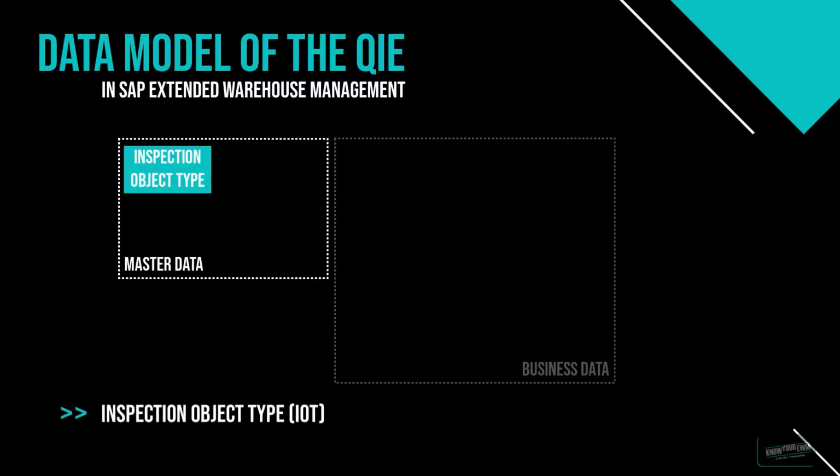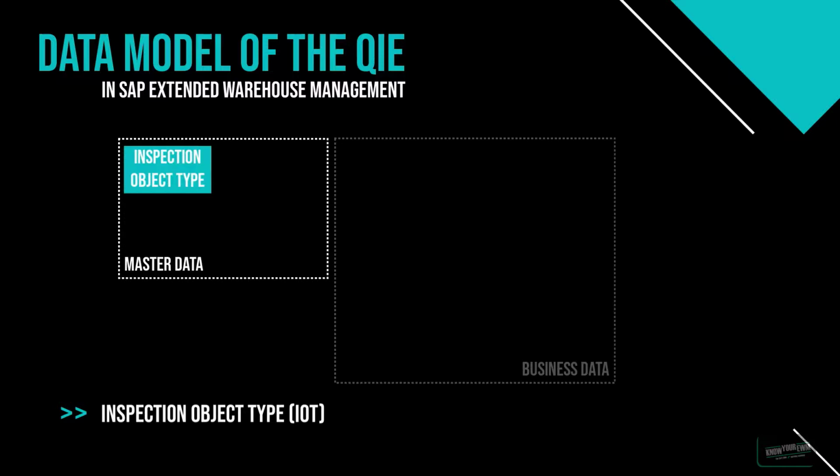This IoT defines what quality inspection process we want to run in the EWM system. For example, if we want to perform a goods receipt inspection for inbound deliveries, or if we want to be able to perform warehouse internal stock inspections.